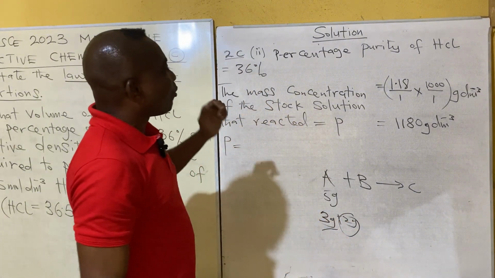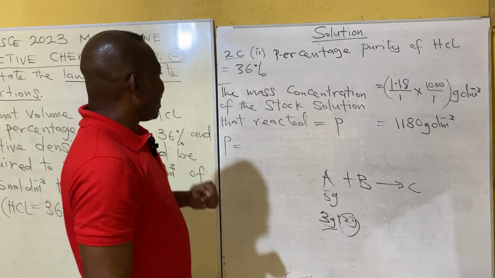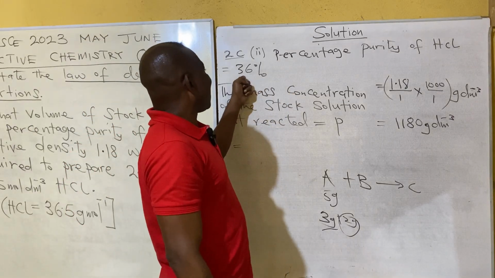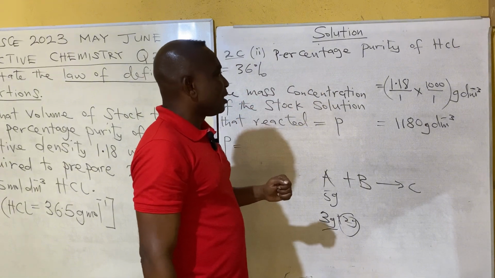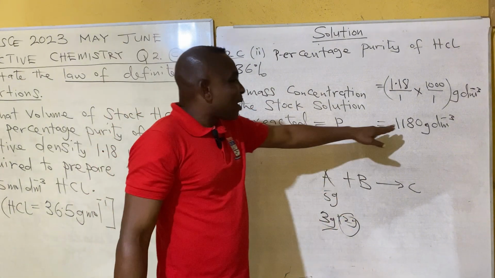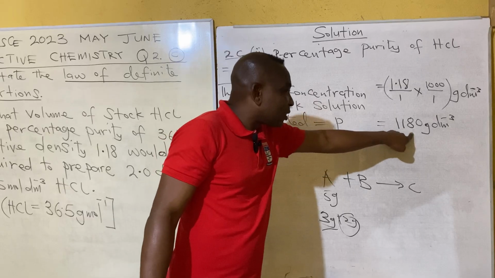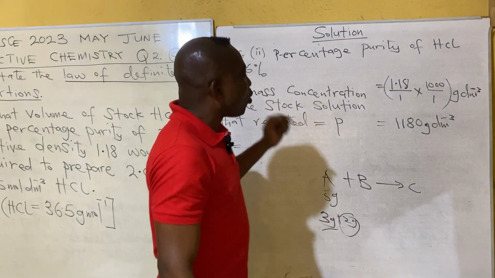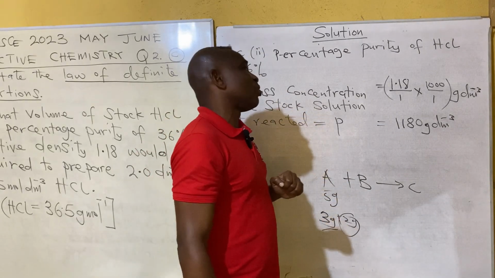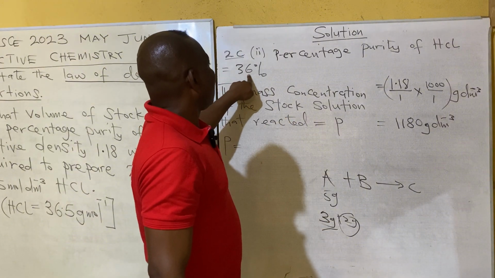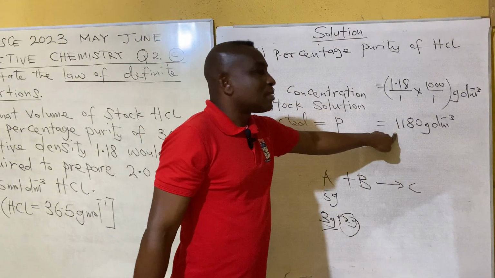So the beginning part of the question says that the stock solution is made up of 36% purity. So this tells you that the mass concentration that we have calculated for the stock solution contains impurity. So it is only the pure aspect of this that is going to react. So it is going to be 36 over 100 times this.